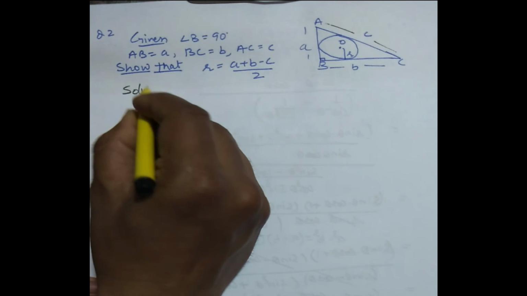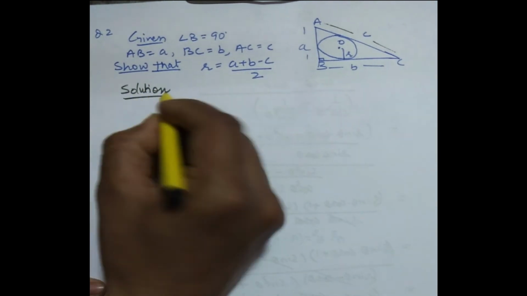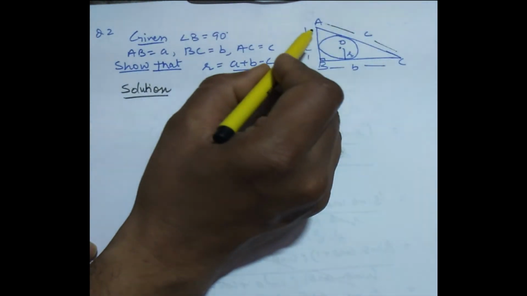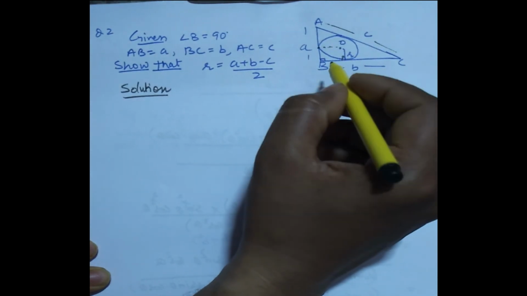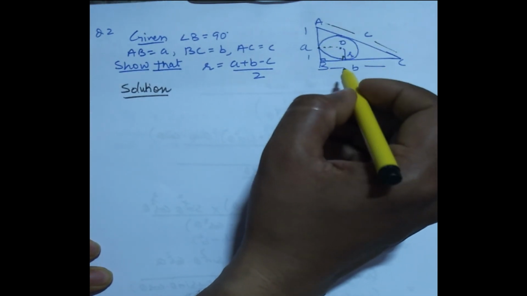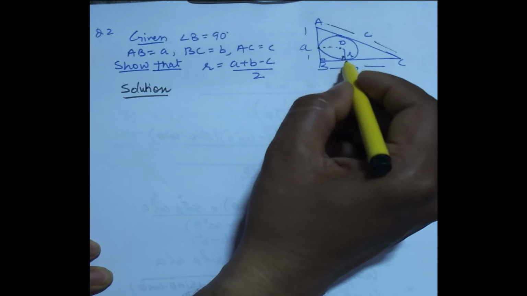So we have to write the solution in a way that we are able to get this answer. First we have to do a small construction. You draw perpendiculars. You know that the radius is always perpendicular to the tangent.